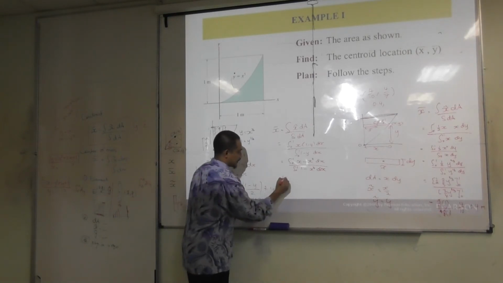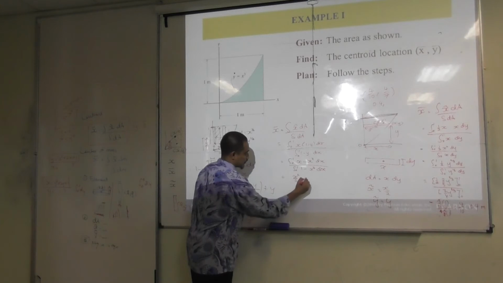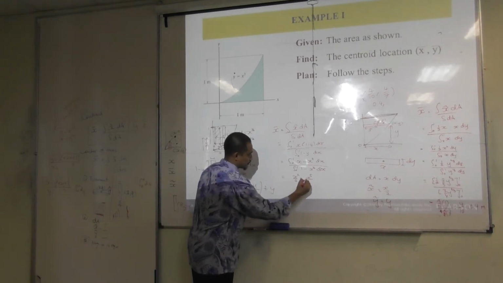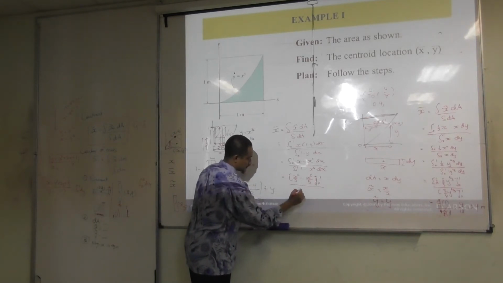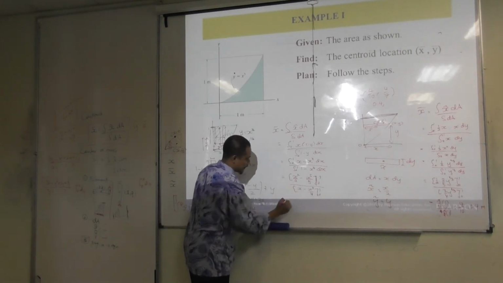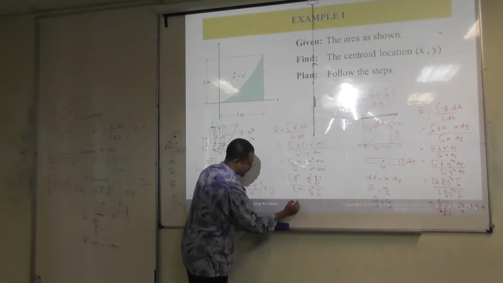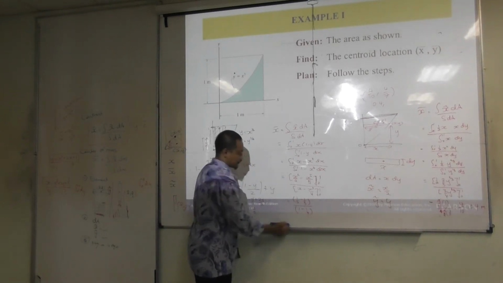Okay, so you can integrate. You have x squared over 2 minus x to the power of 5 over 5, from 0 to 1, over x minus x to the power of 4 over 4, from 0 to 1. So you plug in, you have 1 over 2 minus 1 over 5, over 1 minus 1 over 4.